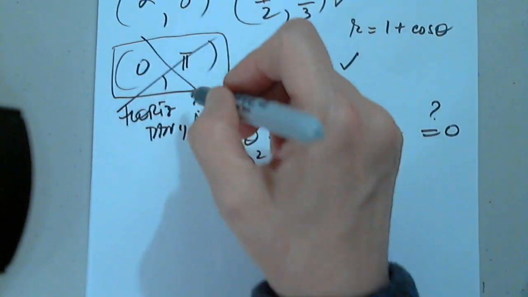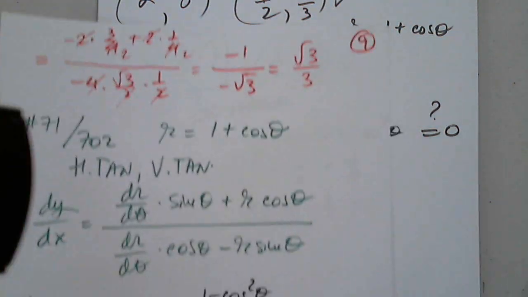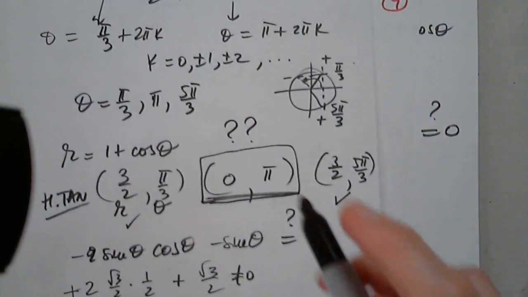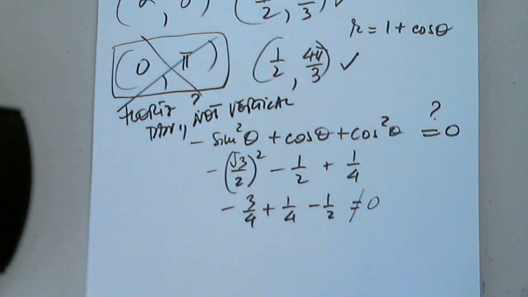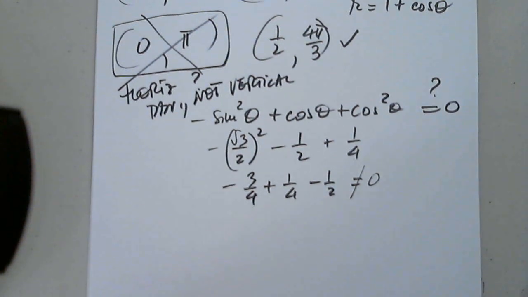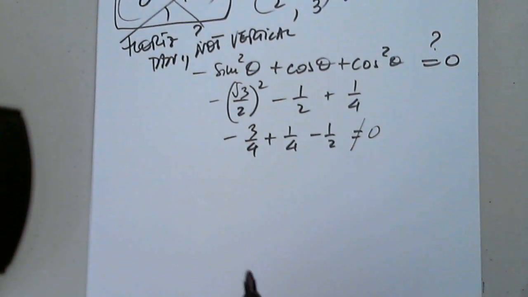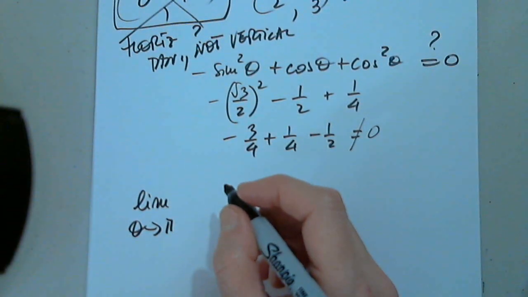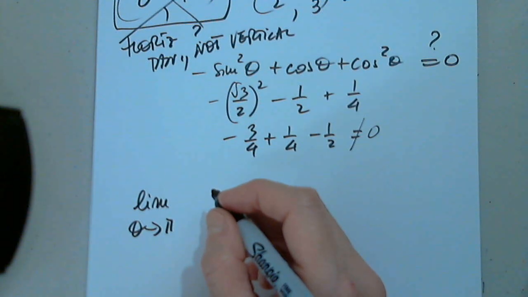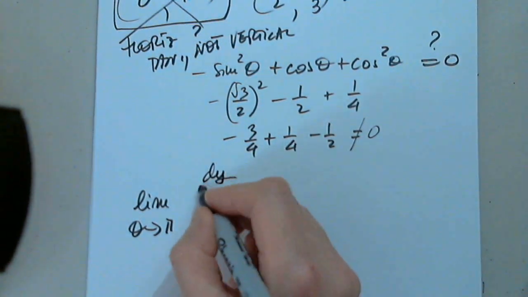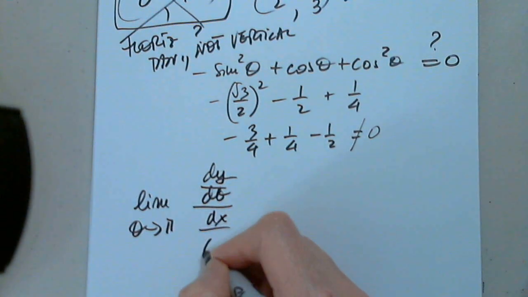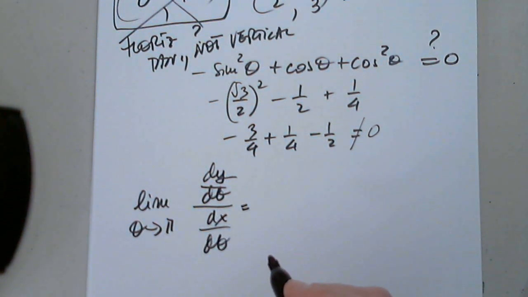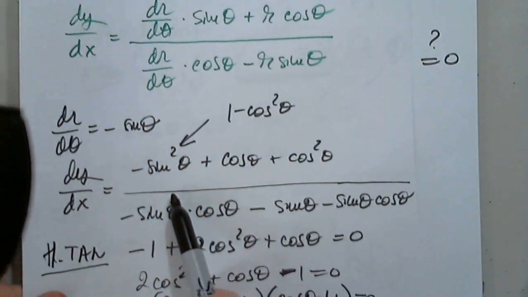So we have to remove it from here and accept it here. Yes. And how else could I show that? I could find a limit as theta approaches pi of dy over d theta over dx over d theta, which is from our calculations here.